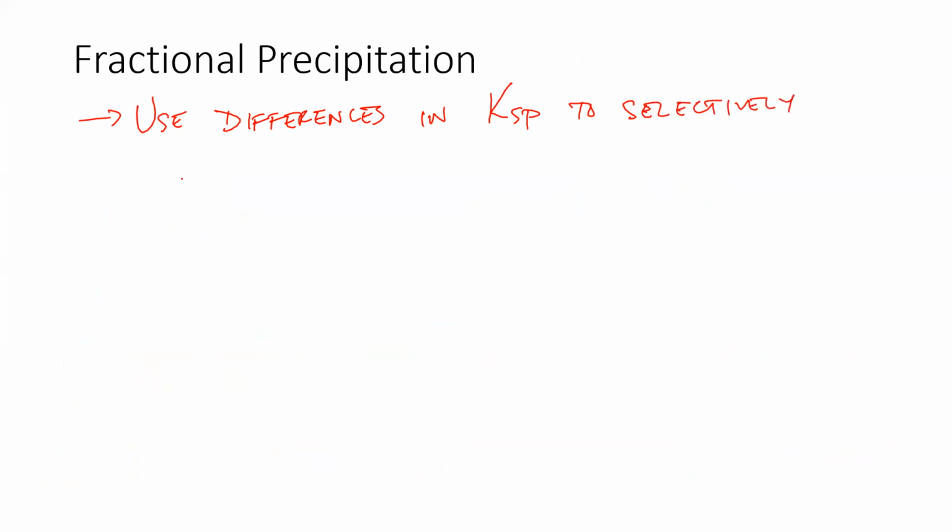So fractional precipitation is when we use the fact that things have different KSP values. They will precipitate at different concentrations, to selectively precipitate a single metal.